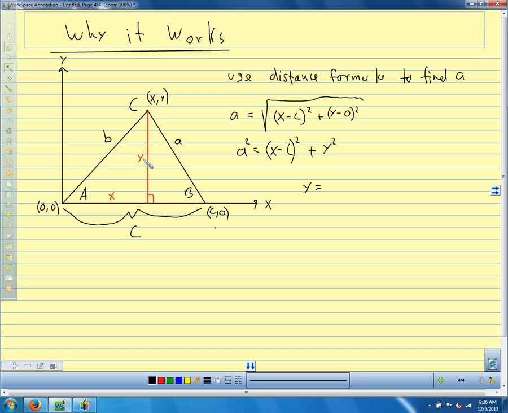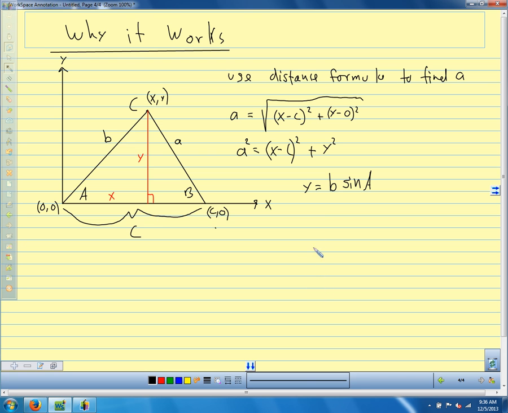The height of this triangle is going to be, we know angle A and side B, B sine A, right. Y equals B sine A.